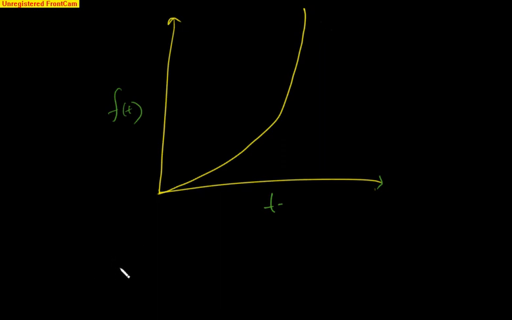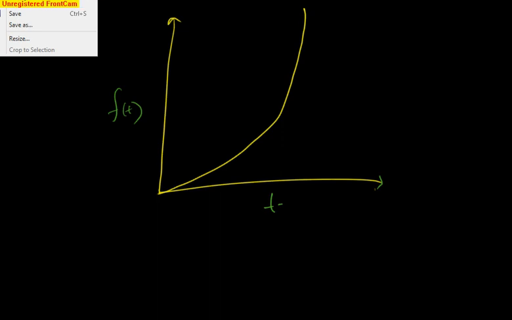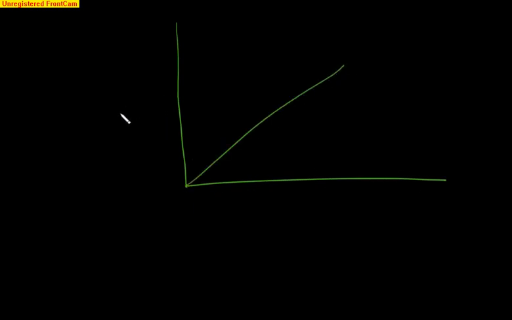This is one graph, and another graph is a straight line, f of t and t. This is some simple f of t. It is a line.